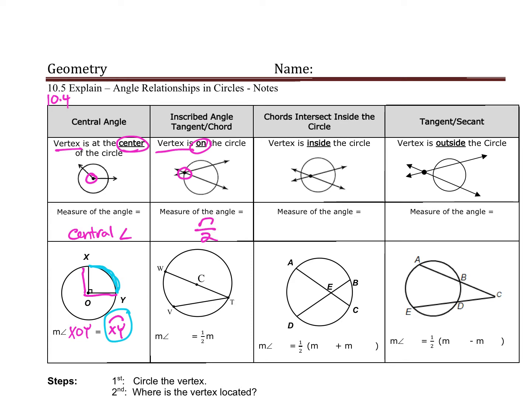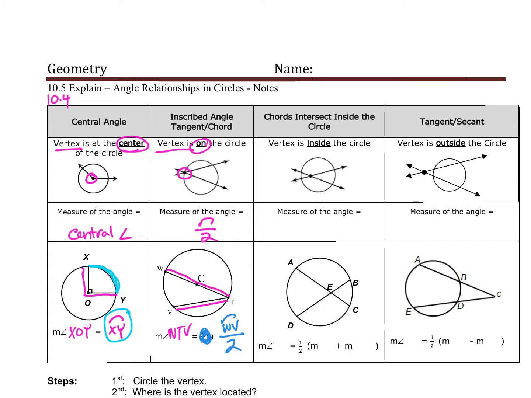So if I look at this one right here, the measure of the angle, we're talking about angle WTV, is half the measure of the arc. I personally like to write it instead of half out in front. I like to write it as arc WV over 2.